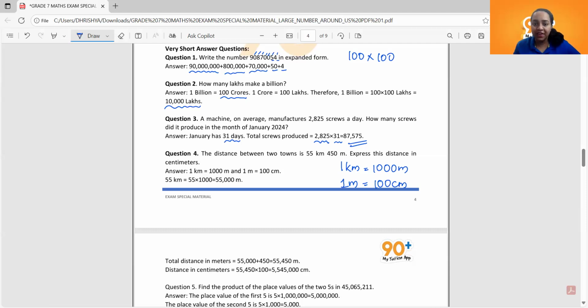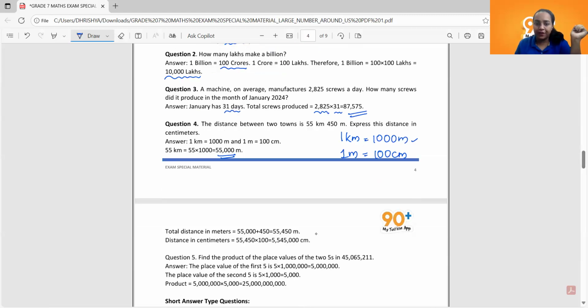So it's 55 kilometers. First we'll convert kilometers into meters. So 55 into 1000 is 55,000 meter. Then 55,000 meter plus 450 meter. Right. So it will be 55,450 meter. Now everything is converted into meter. Now meter we can easily convert into centimeter, right?